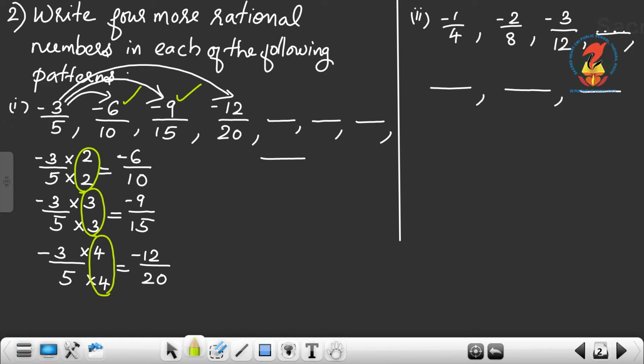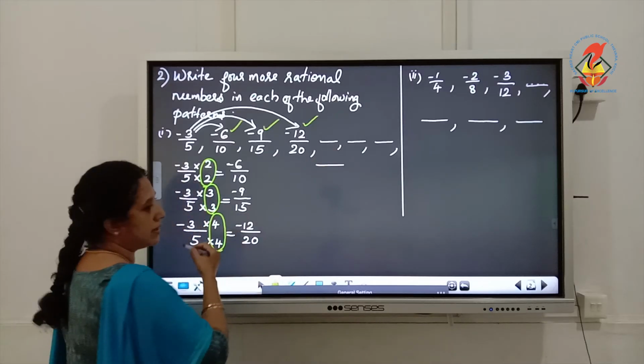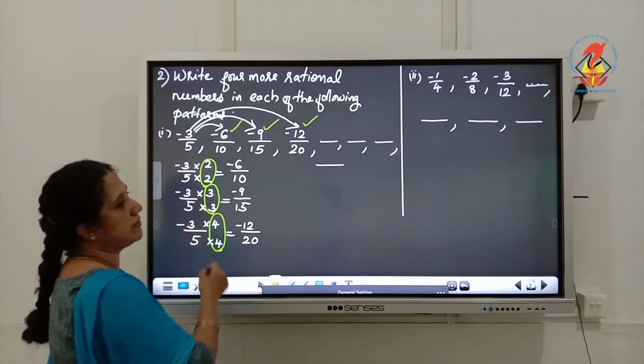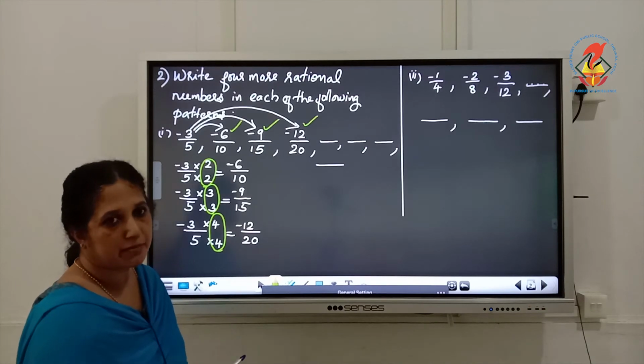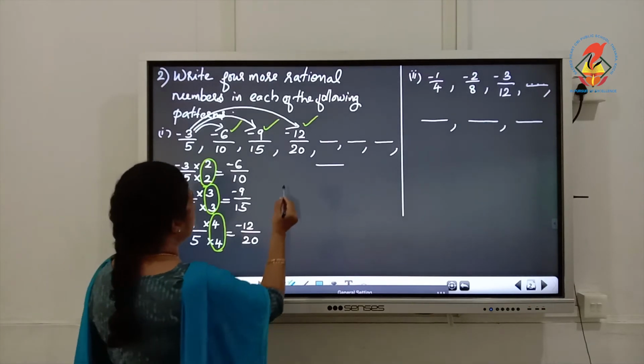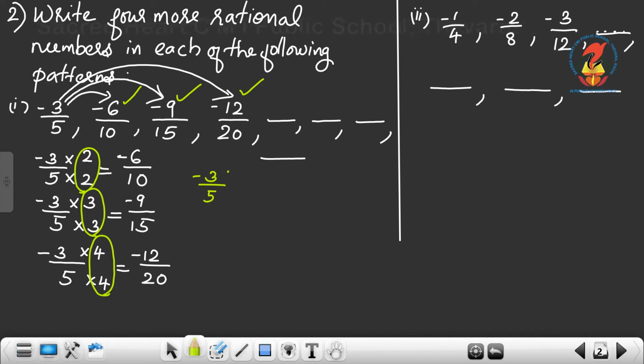With 4, we got the fourth. So if you want to get the next rational number, we have to multiply negative 3 by 5, both numerator and denominator, by 5. Therefore, negative 3 by 5 into 5 gives negative 15 by 25. So we multiplied with the 5.